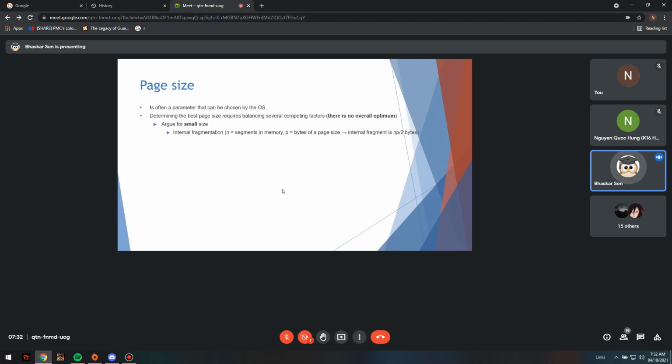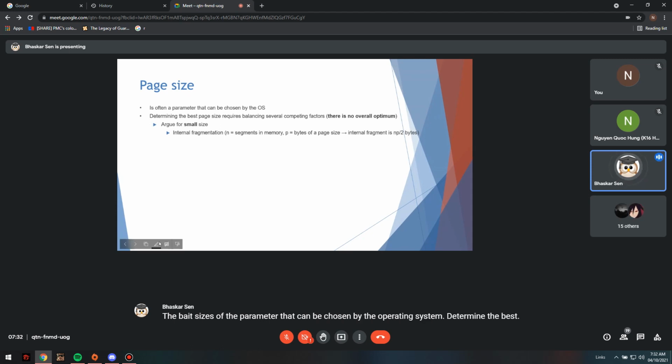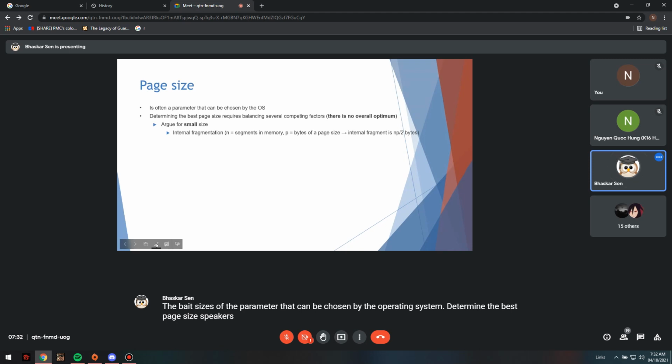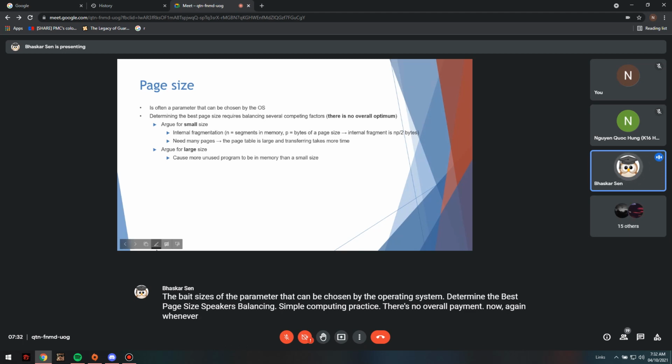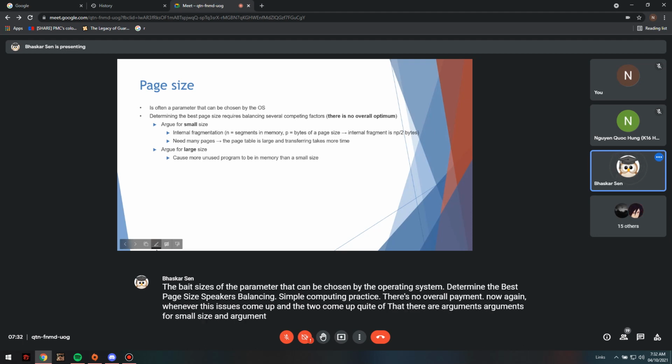The page size is often a parameter that can be chosen by the operating system. Determining the best page size requires balancing several competing factors. There's no overall optimum. Now again, whenever these issues come up, and they do come up quite often, there are arguments for small size and arguments for large size.